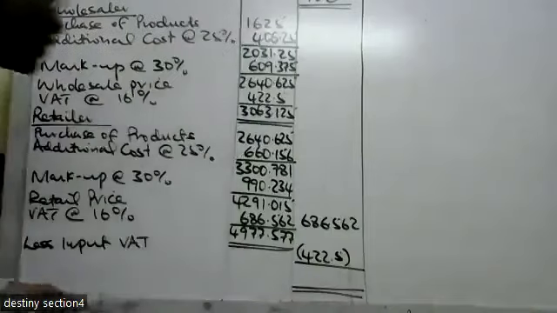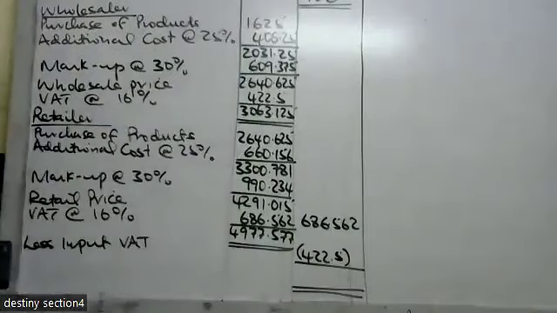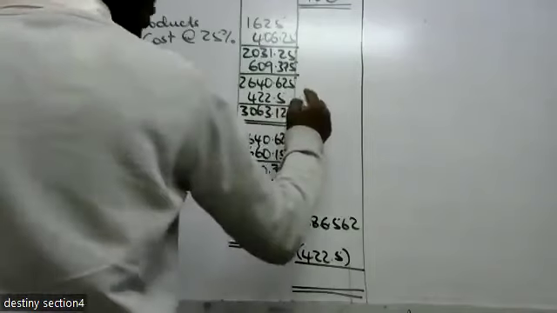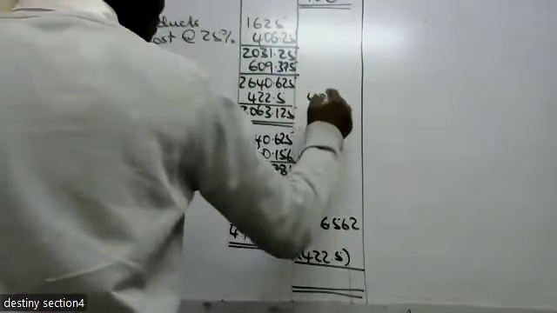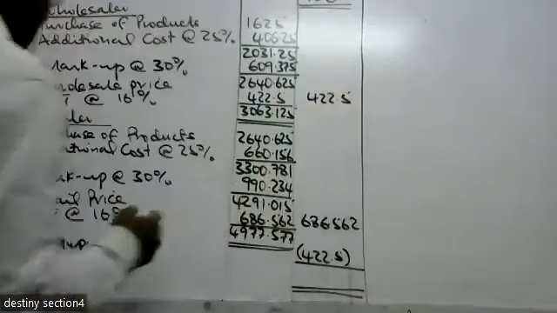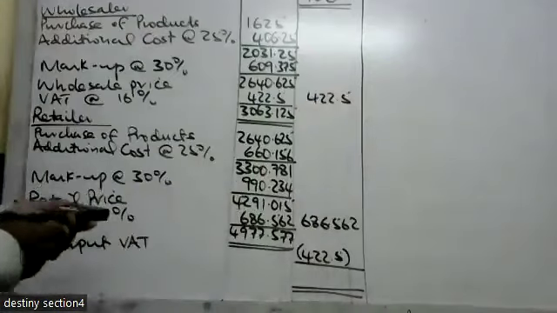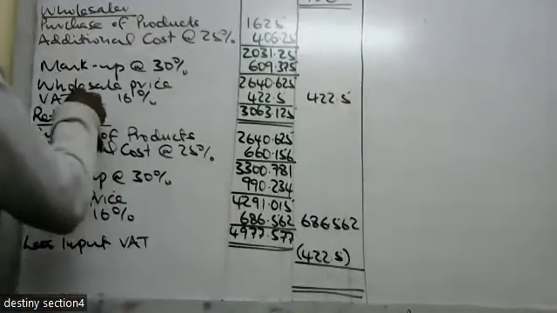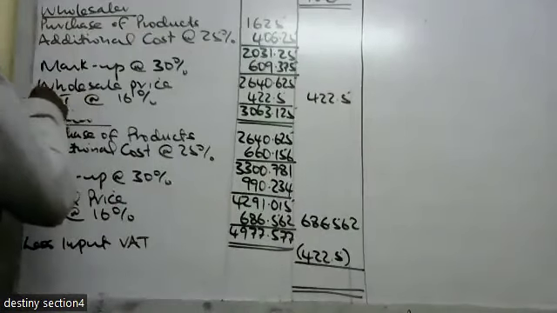There's one I did not put. It's the VAT collected by the wholesaler, but I can squeeze it here. In the output tax, 422.5. I was supposed to deduct the input tax by the retailer. I hope I can squeeze it here.